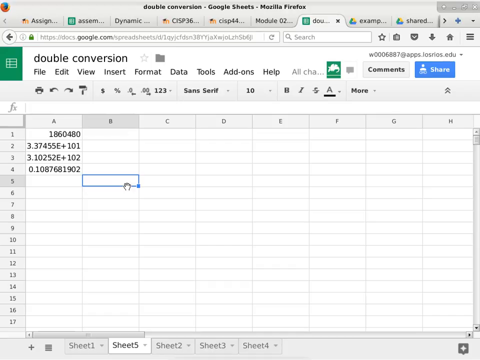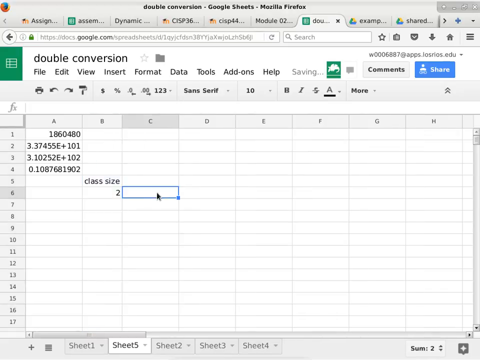Okay, so we can use a class size of 2 as the minimum. 1 doesn't make any sense. So we have class sizes of 2, 3, or do you want to go by bigger steps? 10, 20, 40, 30 maybe? Okay, 40. All right.